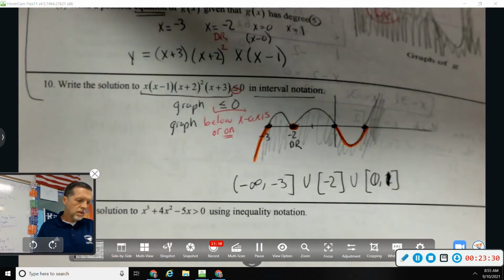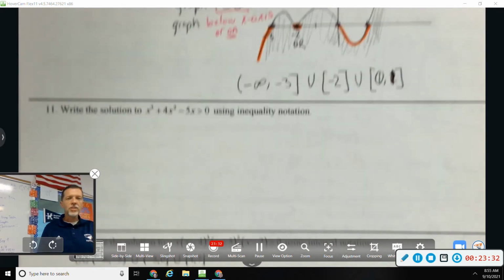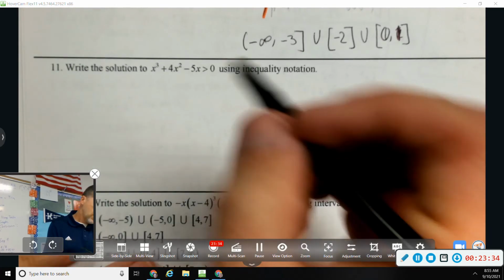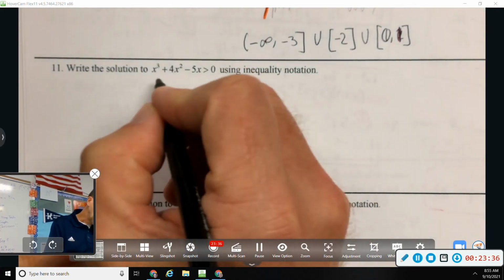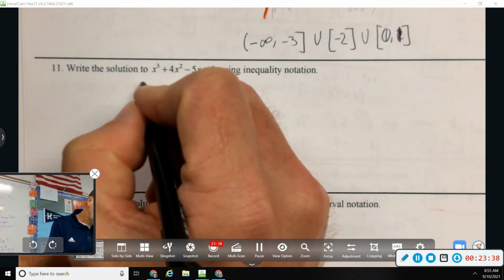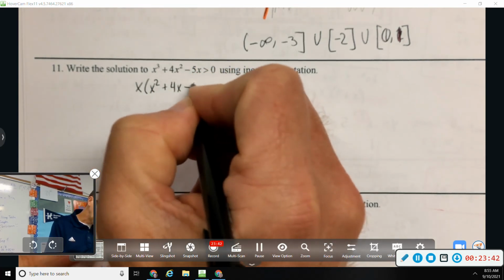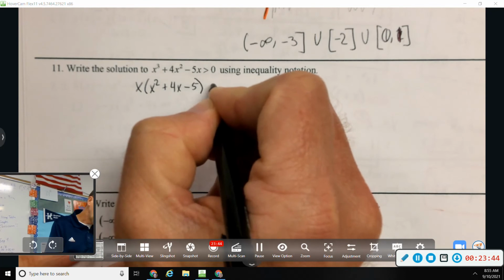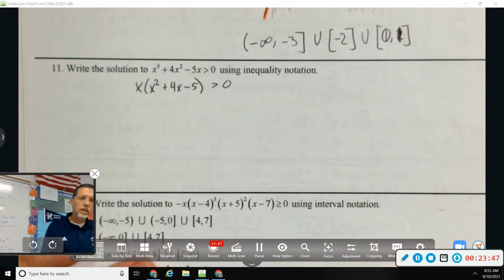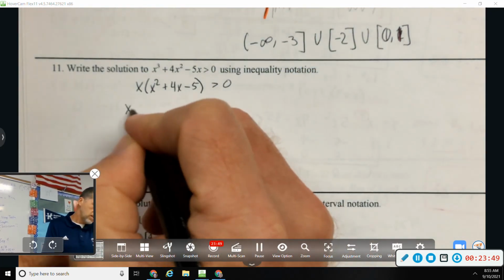Right. Number 11, they don't give us the picture. So we need to come up with a picture. Let's factor. Hope they were nice enough to give us one that factors. And they were.